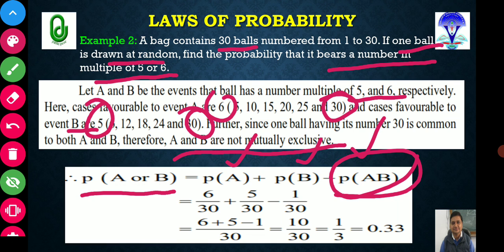So this will be 6 plus 5 minus 1 by 30, that means 10 by 30. So the probability of occurrence of either A or B is 0.33, that is 1 by 3.